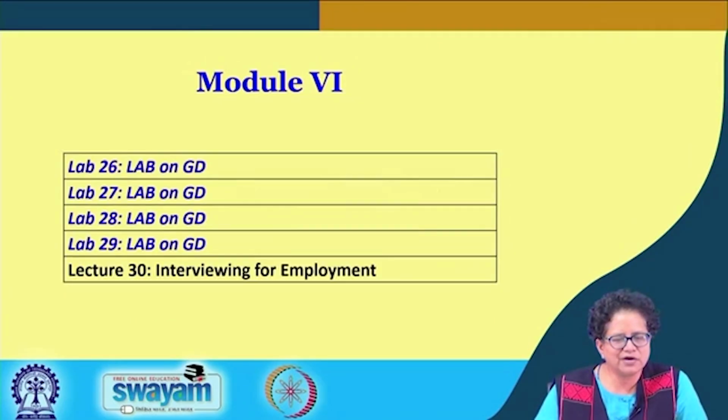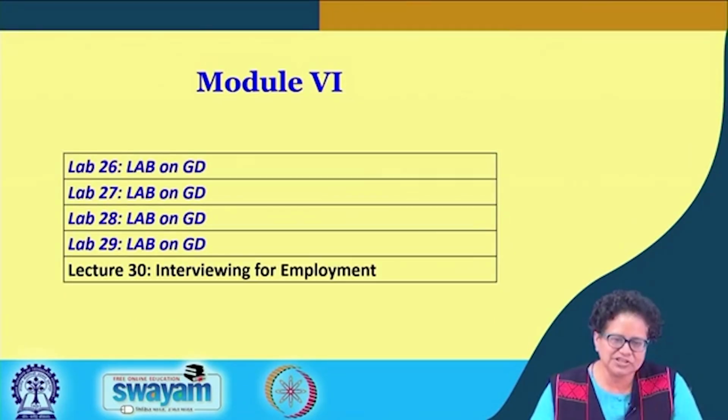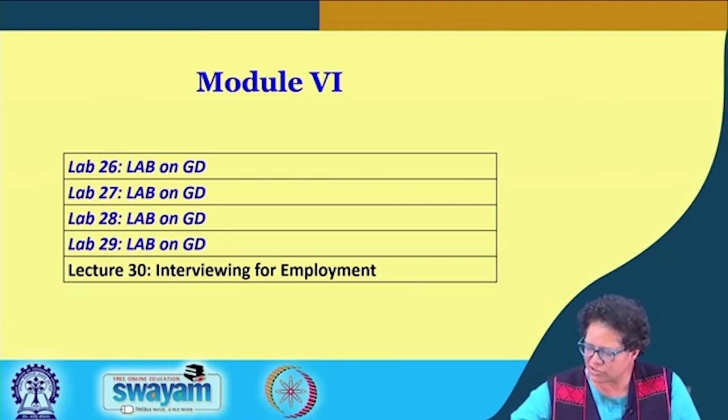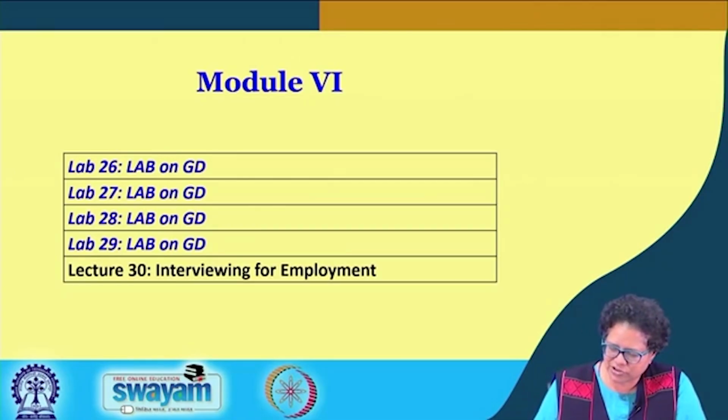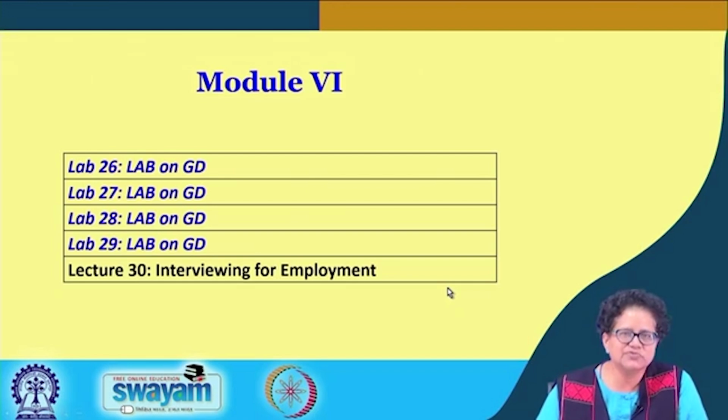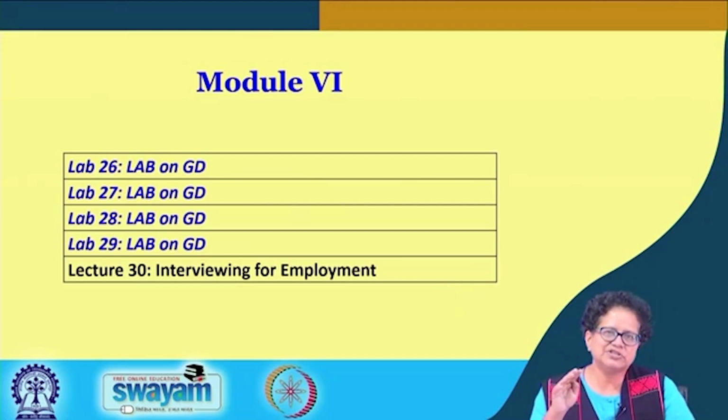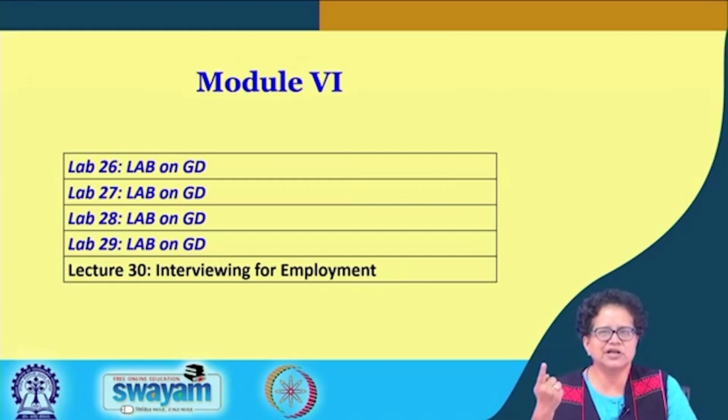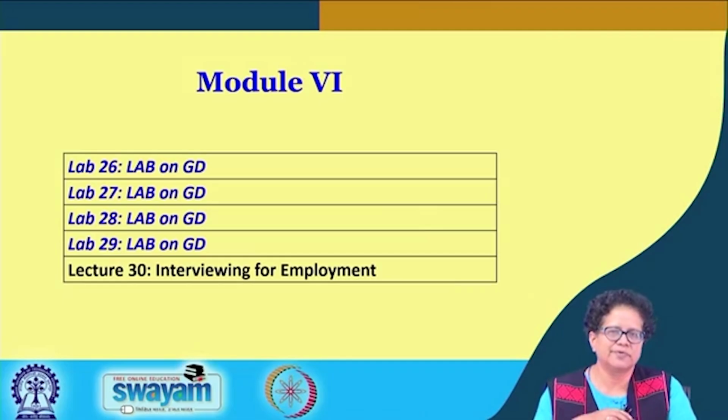Let us go back 1 minute to module 6, because I forgot to tell you something about this important component. When we talk about the GDs, we had performances or practice sessions on 3 kinds of GD. The first is the traditional kind of group discussion on a topic which was defined and given to the students, with preparation for 2 minutes, discussion for 10 minutes, and rounding up for 2 minutes.